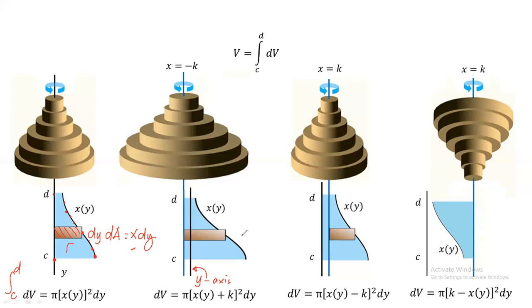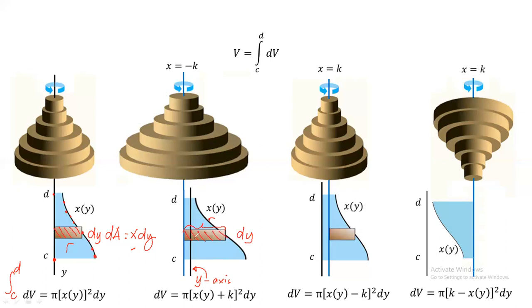I'm referring to the axis. So how will you find the length of this r? So this r actually is this entire r, right? Your r will be the length of this entire differential area. This is your dy. Now, what is this length?